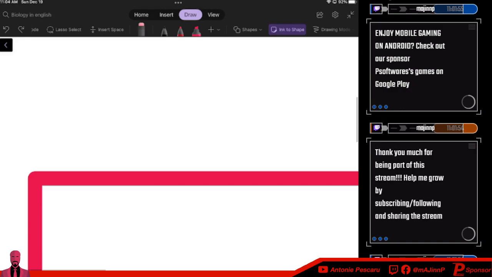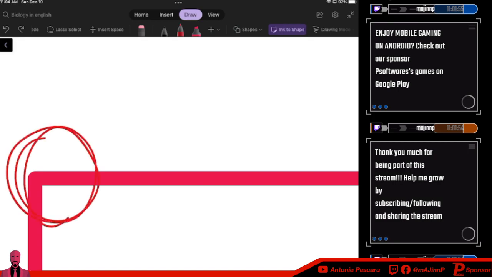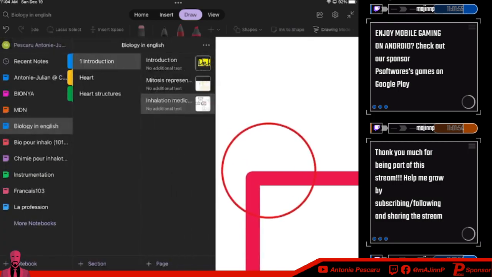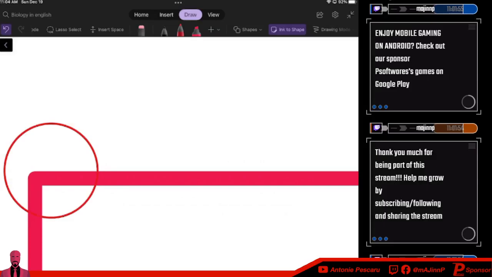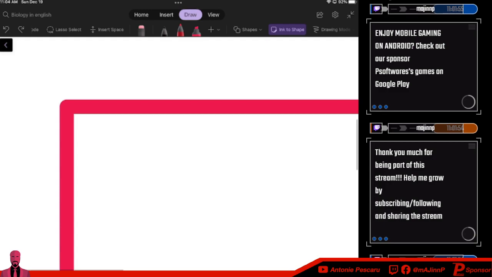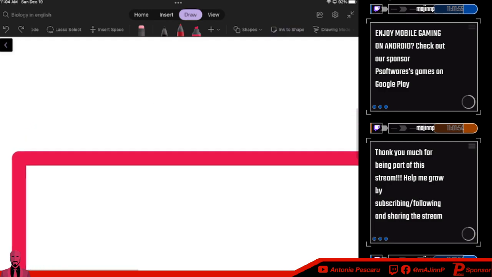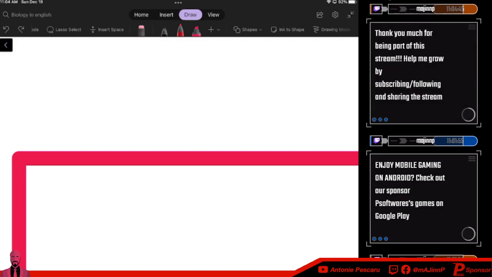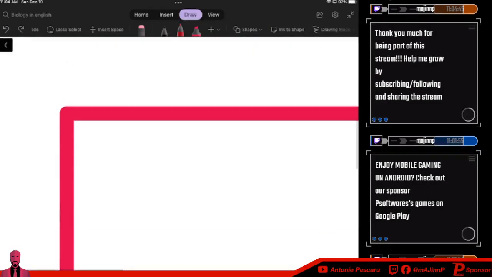OneNote is not the best, but it's going to permit me to do this wonderful drawing that I will now start. So, the borders of this is our semi-permeable membrane.